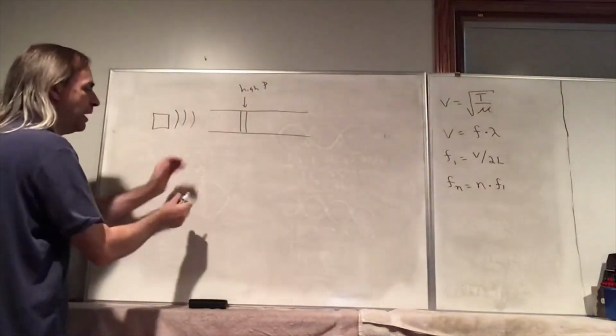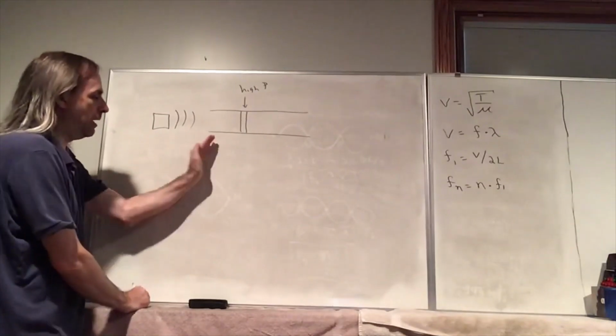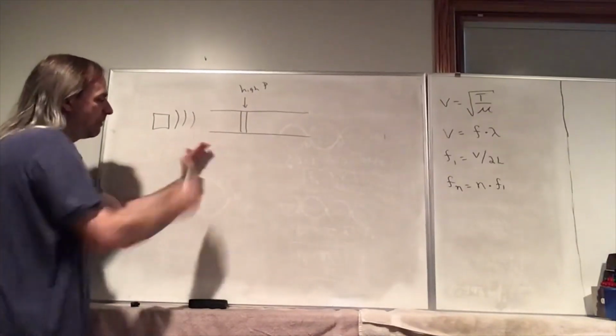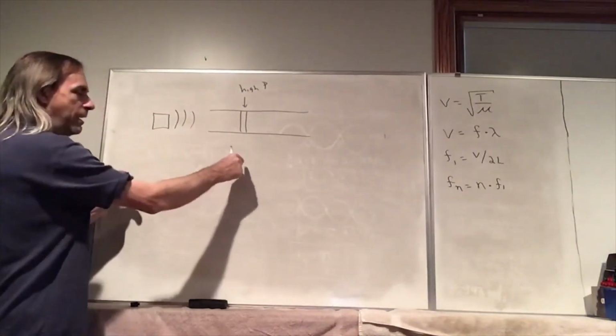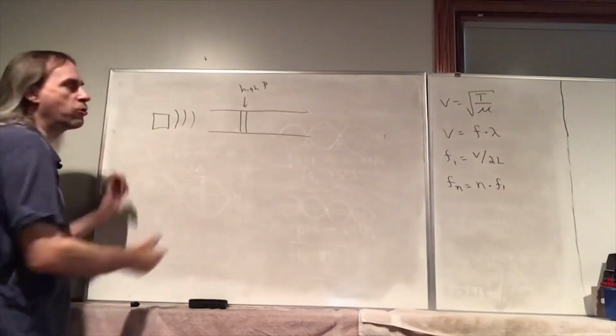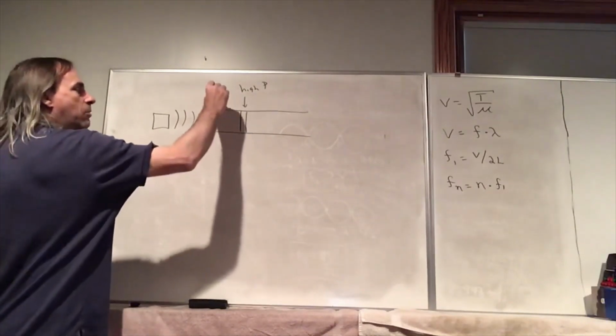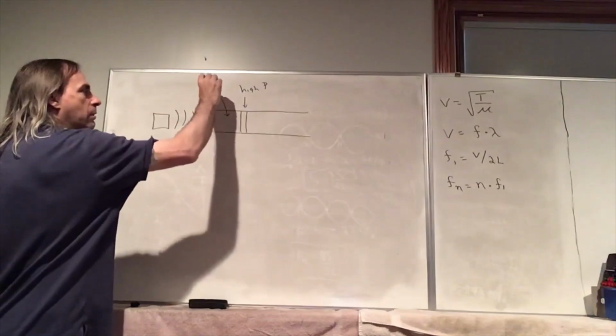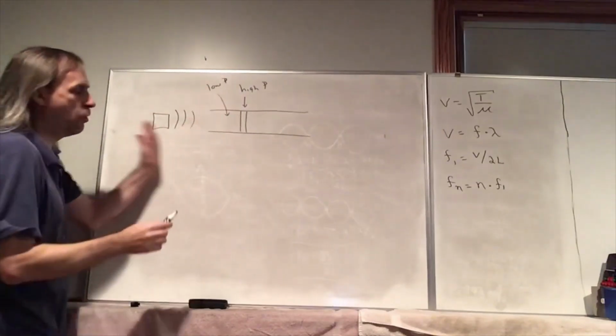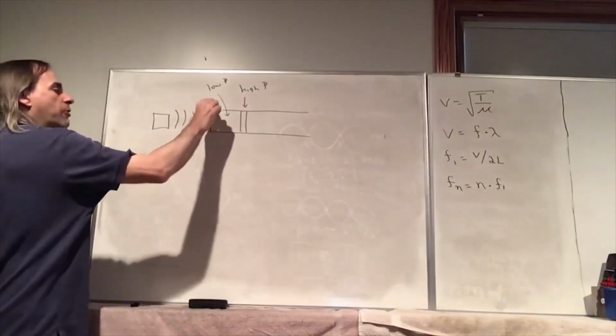So it moves to the right, and then when it moves back, it creates a partial vacuum. So there's a low pressure region here. And then it moves to the right again and creates a high pressure region.